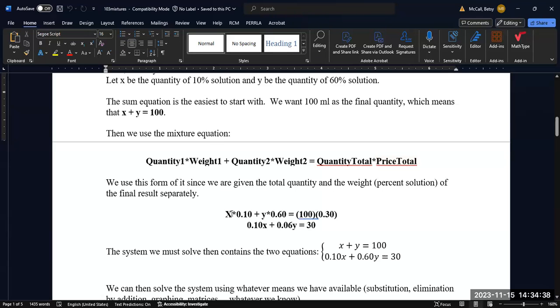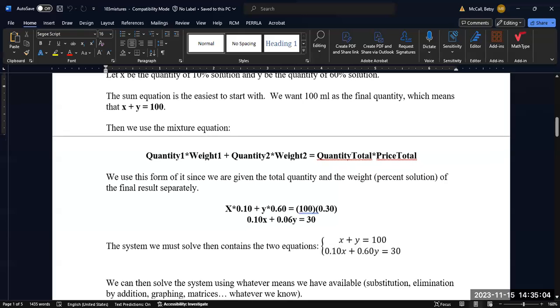So here we're going to have X times the weight, so that 10% solution is the weight here, plus Y times the weight of that solution is going to be equal to the total quantity times the percent solution we want for that final quantity. And so when we multiply these all out, we get this expression, 100 times 0.3 is 30. And so these are the two equations that we want to then solve.